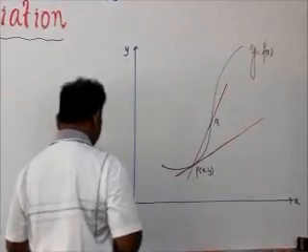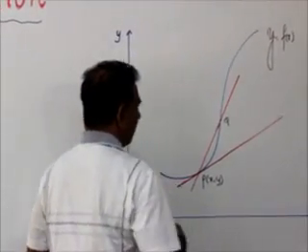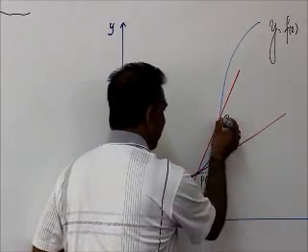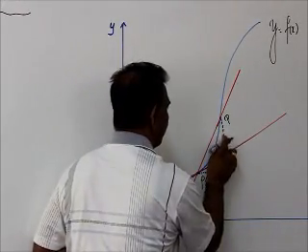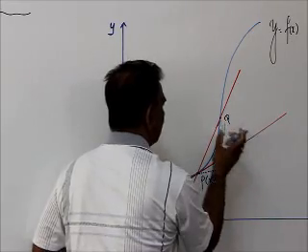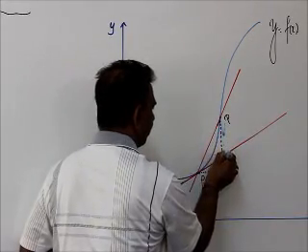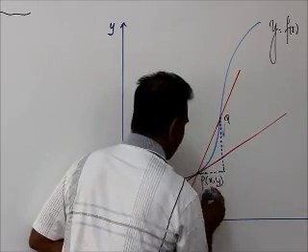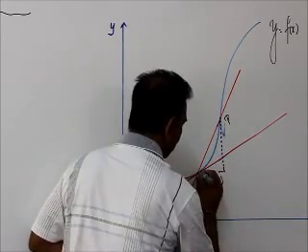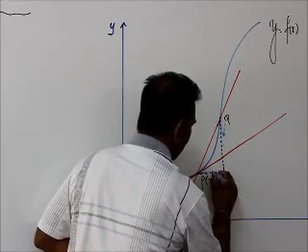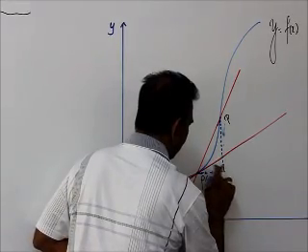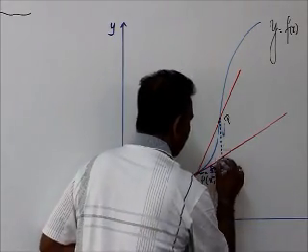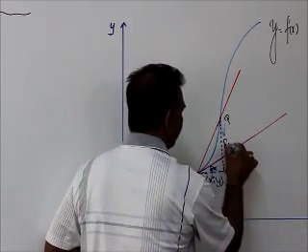If we give a small increment delta x, then we get the corresponding change in y, we call that delta y. This delta x is given by us, but delta y we can get from the graph. So this is delta x, this is delta y.